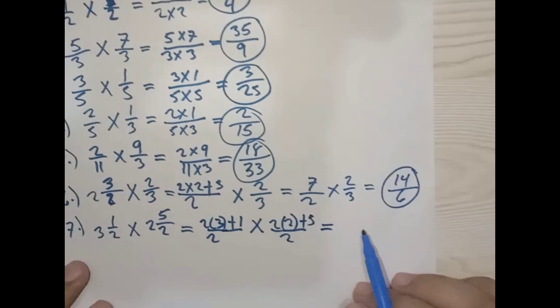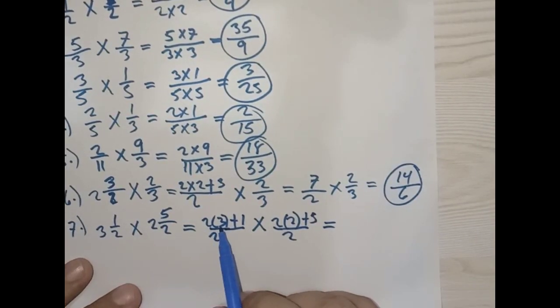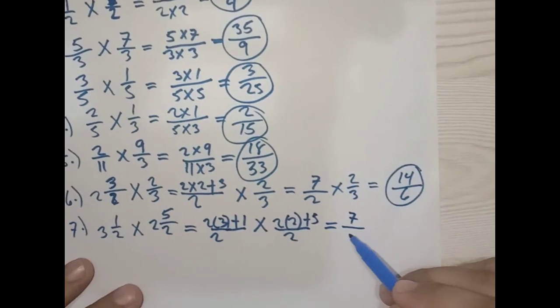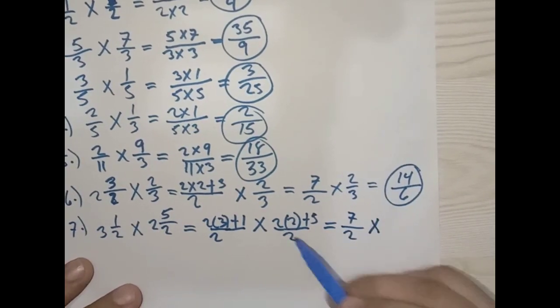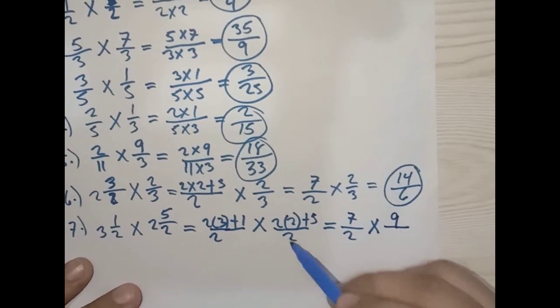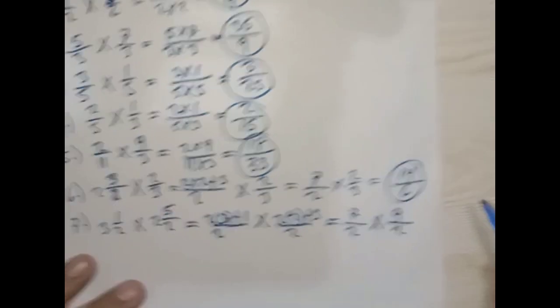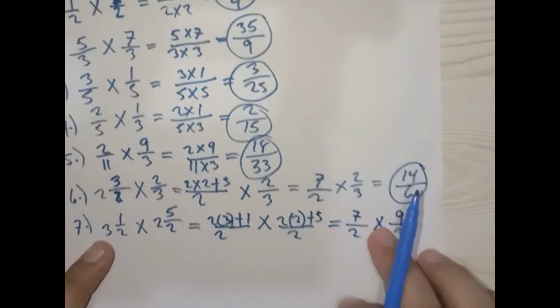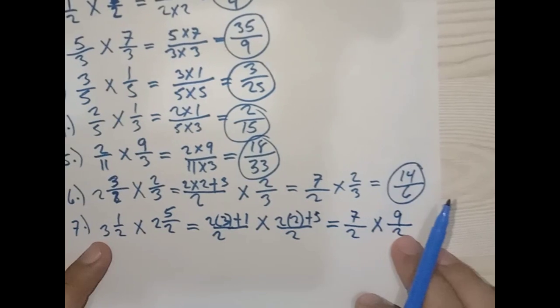Okay, simplify. 2 times 3, 6 plus 1, 7. Copy the denominator, which is 2, times 2 times 2, 4 plus 5, 9, over 2. Okay. So, from mixed numbers, we rewrite them as improper fractions.